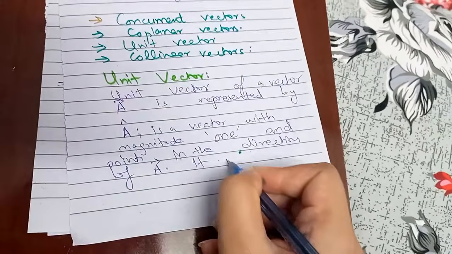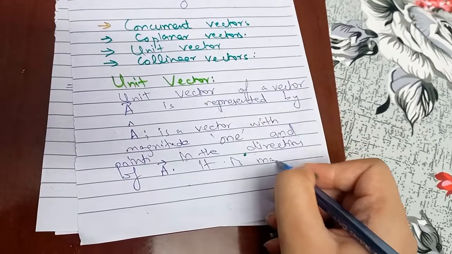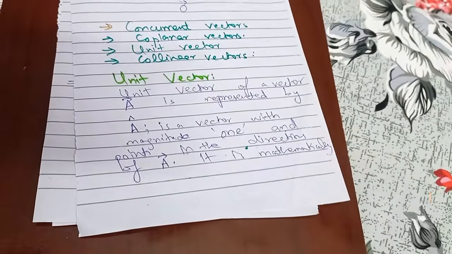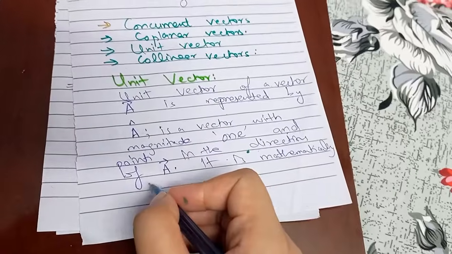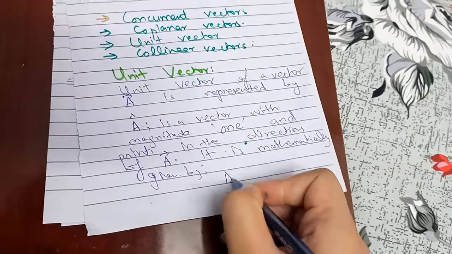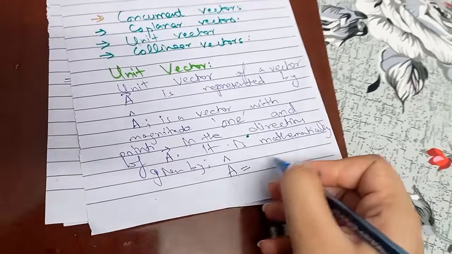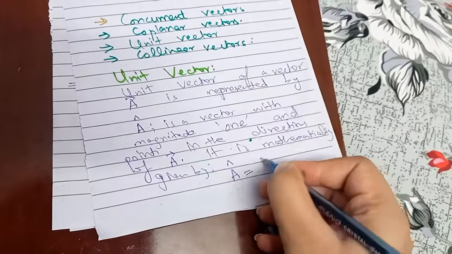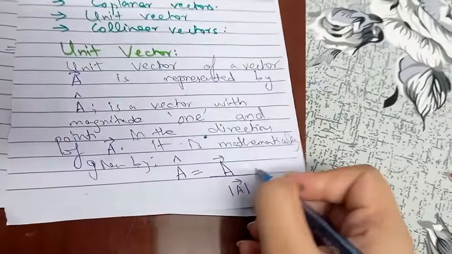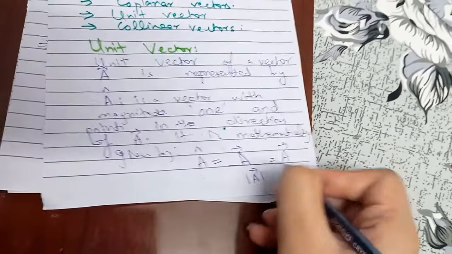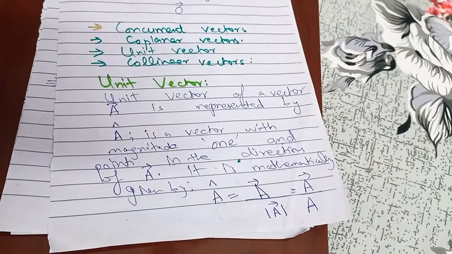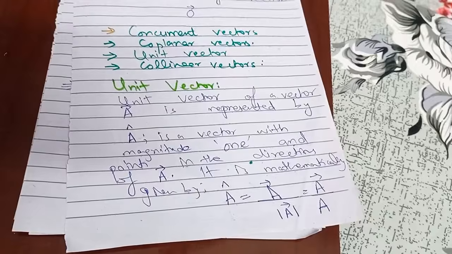It is mathematically given by, as we already know, write it in comment section if you already know. Okay, it is mathematically given by A unit vector is equal to vector A divided by its magnitude. Okay, this is unit vector.